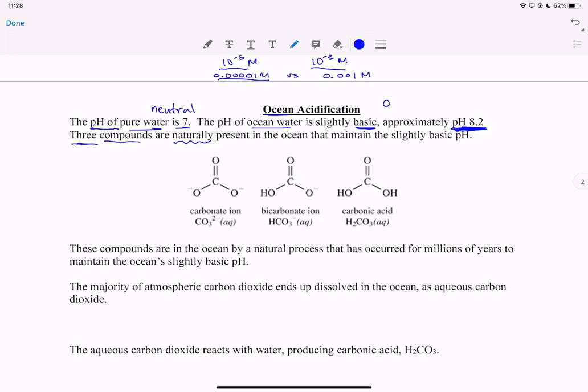the ocean. These 3 compounds are also present, as I mentioned in the video, in your blood. Your blood also has these 3 compounds: carbonate, bicarbonate, and carbonic acid, and it's the same system. It is so that your blood can take up excess hydrogen ions. And so they're naturally present in there. Nobody put them in your blood.